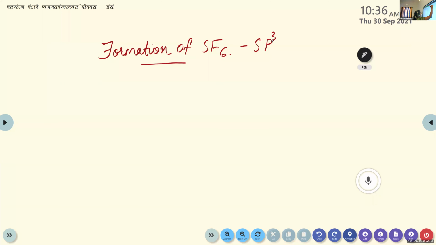So we will start with the central atom, sulfur. What's the atomic number of sulfur? 16. Yeah, 16. So we can write the ground state configuration.